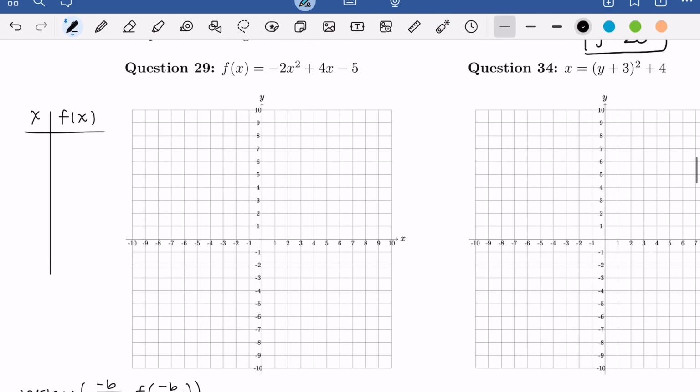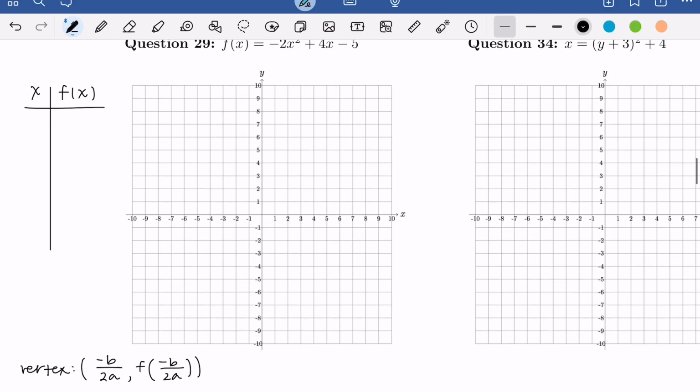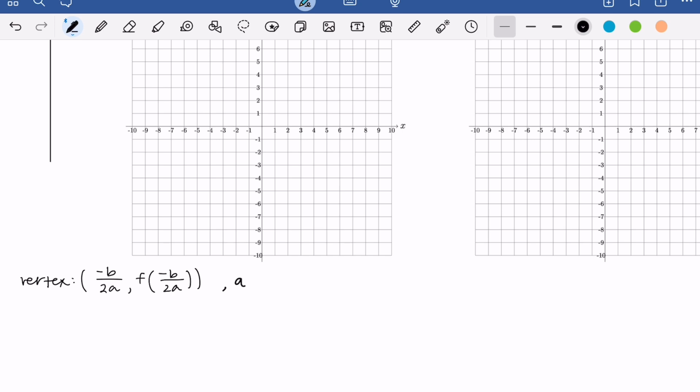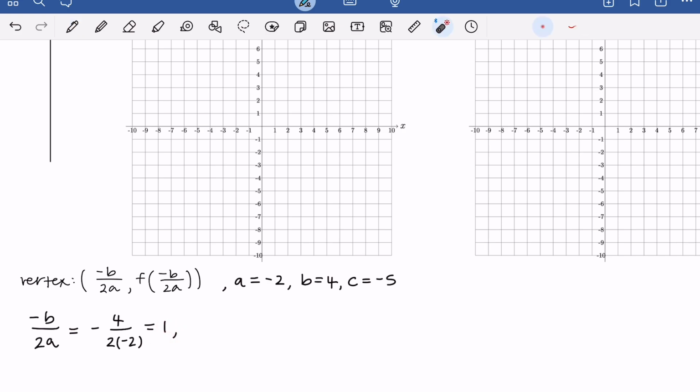So let's figure out what our first coordinate is. For our function above, our a value is going to be negative 2, our b value is 4, and c is negative 5. So this minus b over 2a then is going to be minus 4 over 2 times negative 2. So this will end up being positive 1. So this will be our first coordinate for our vertex, and then we want to find our second one.